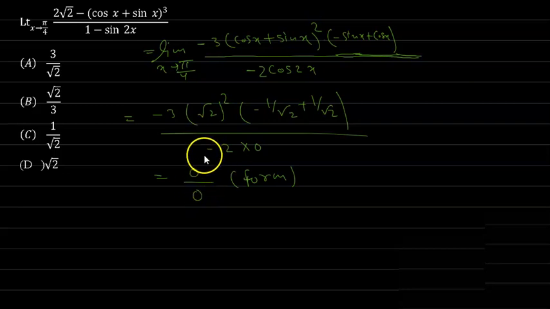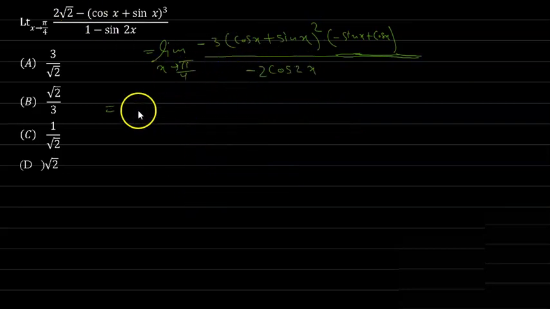So again apply the L'Hospital rule in this limit. Rewrite this limit x tends to pi by 4, minus and minus becomes plus.